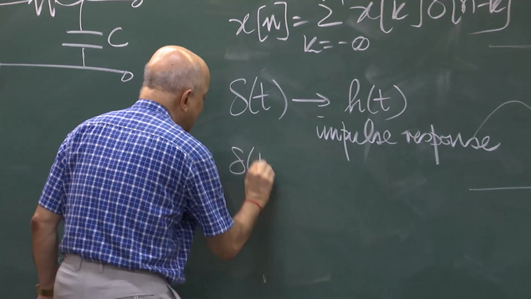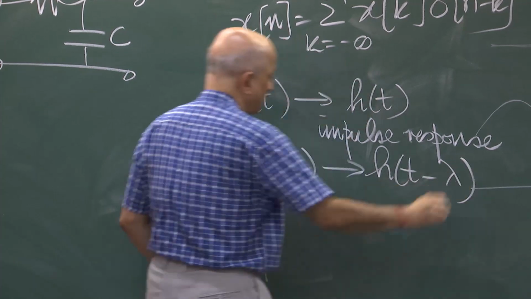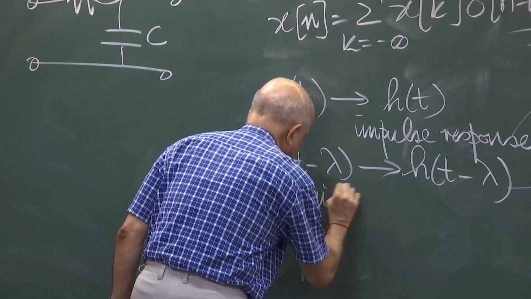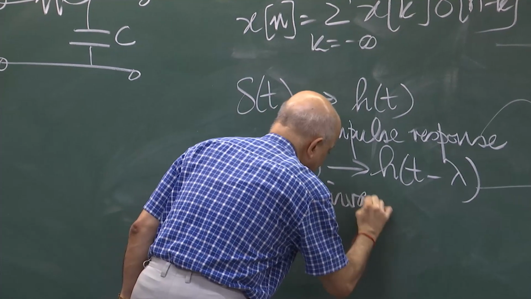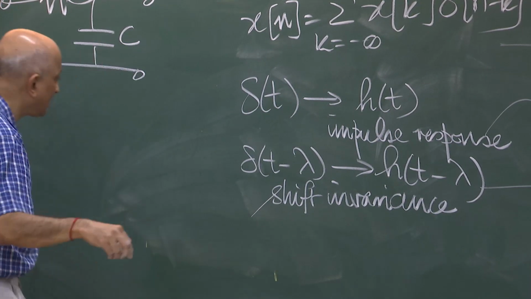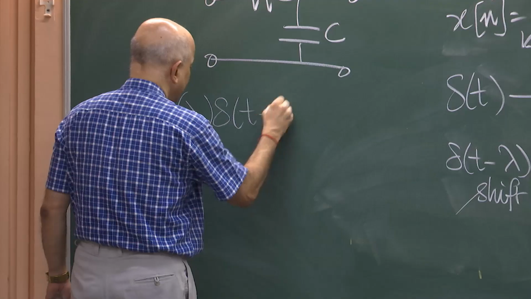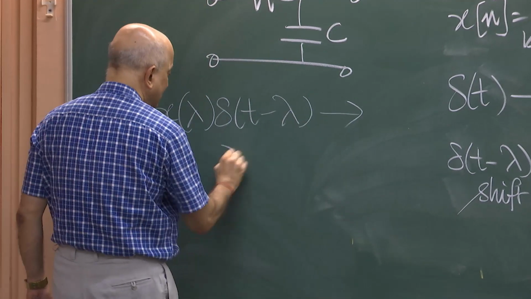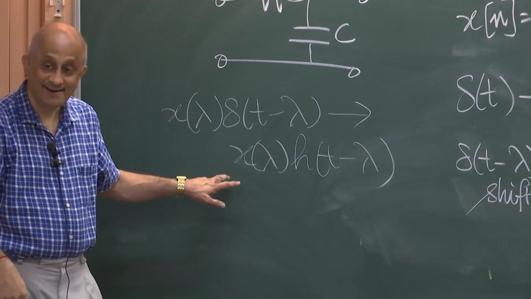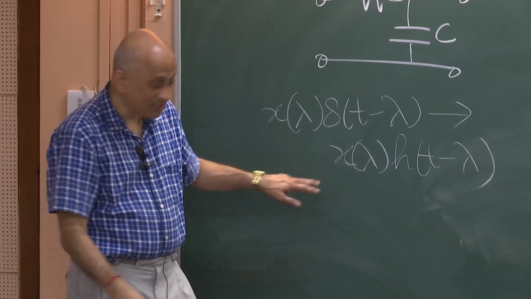Delta t minus lambda would produce h of t minus lambda. Okay, this is shift invariance. X lambda times delta t minus lambda produces x lambda into ht minus lambda. What are we invoking here? Homogeneity.